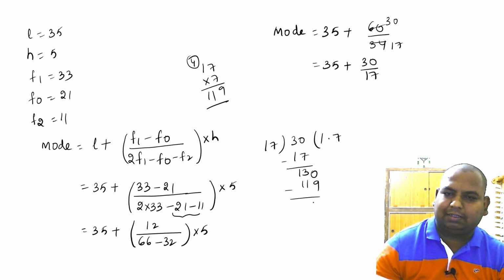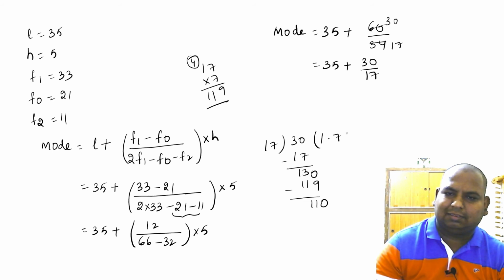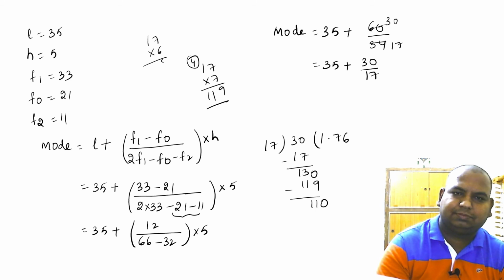Remainder is 11, 0. We can take 76. Okay, 76. 17 sixes will be 102. 6 sevens are 42.